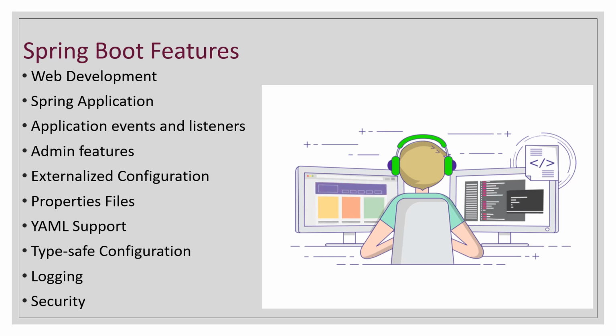So there is admin support also. Spring Boot provides the facility to enable admin-related features for the application. It is used to access and manage the application remotely. We can enable it in the Spring Boot application by using the spring.application.admin.enabled property. So we just need to enable the property in the property file. Externalized configuration.